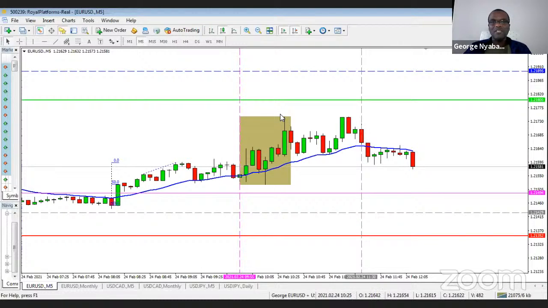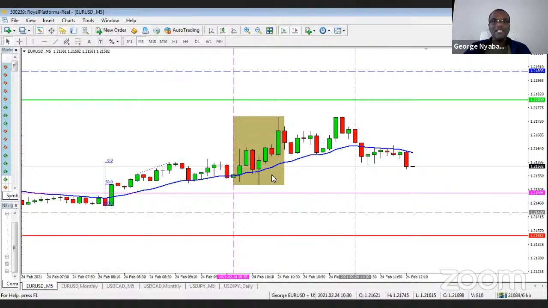Now, this rectangle that you see, the other thing I always try to find is a 20 pip move, because I'm not comfortable on a 5-minute chart until the market has made a 20 pip move. I do this quite often.